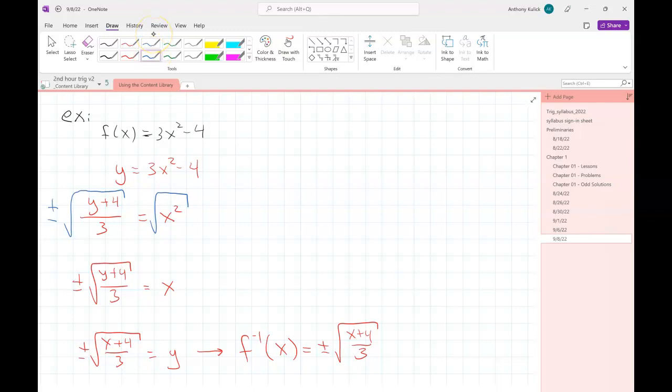When you look at that inverse, what do you notice about it? Should be something that jumps out from homeworks you guys have already done. It's not a function. What about this is the giveaway that it's not a function?